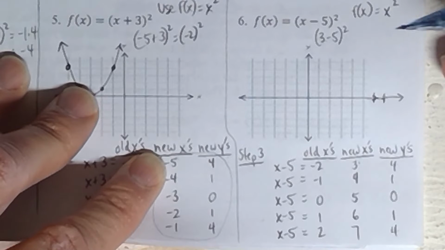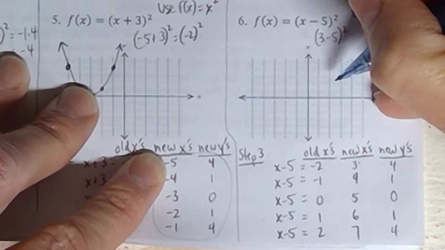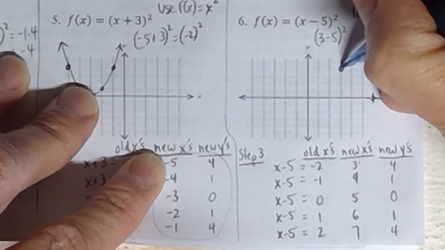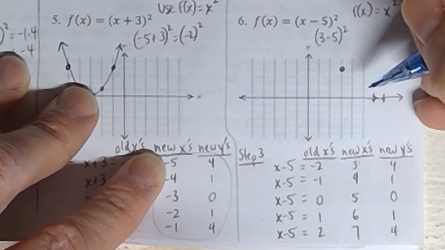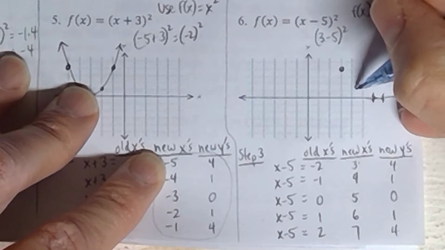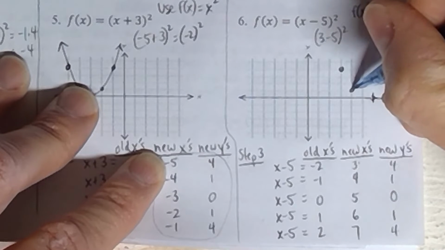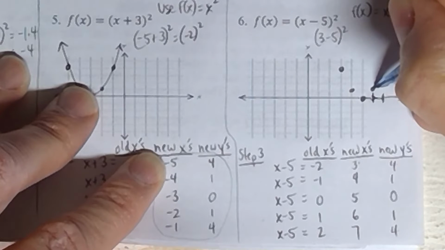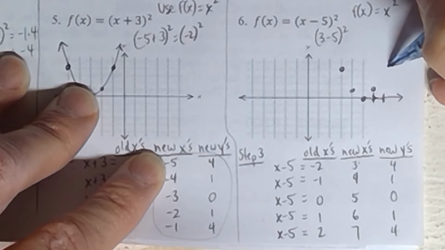Okay, so let's go and graph this. We've got 3, 4; 4, 1; 5, 0; 6, 1; and then 7, 4.